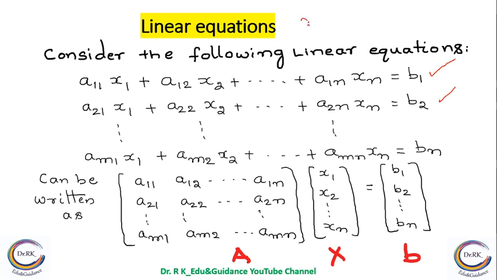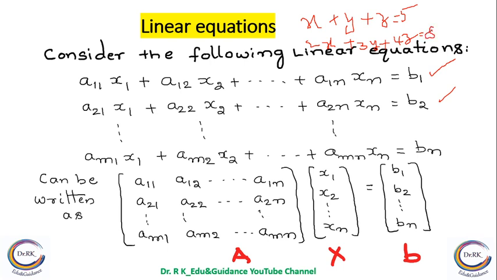Otherwise, it is as if we write x plus y plus z equal to 5. This is one equation, and the other one is 2x plus 3y plus 4z equal to 8. So these are the equations.